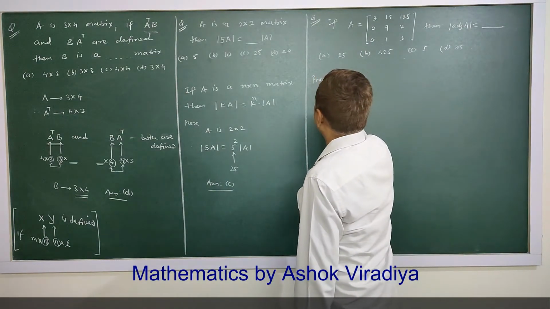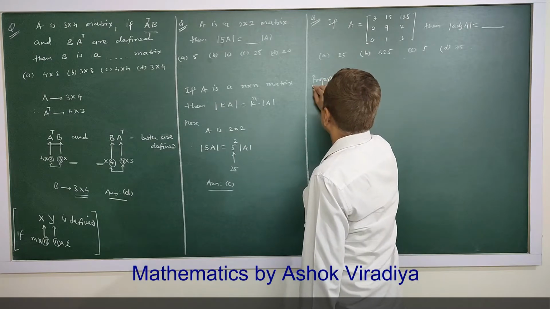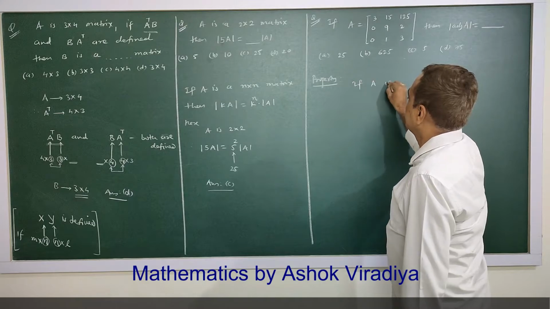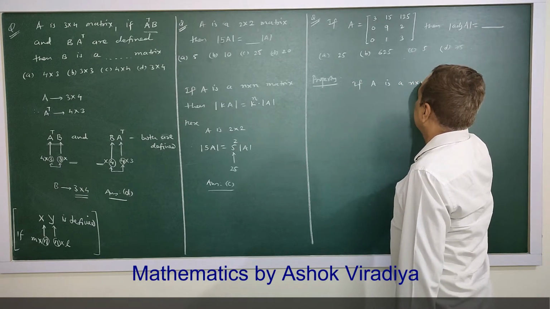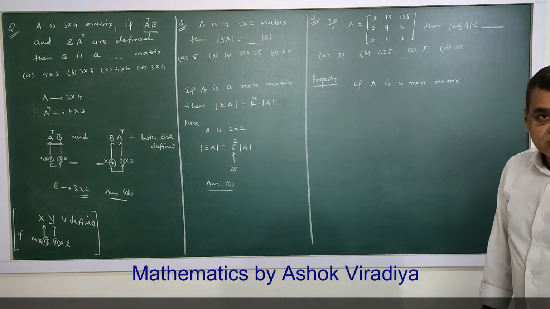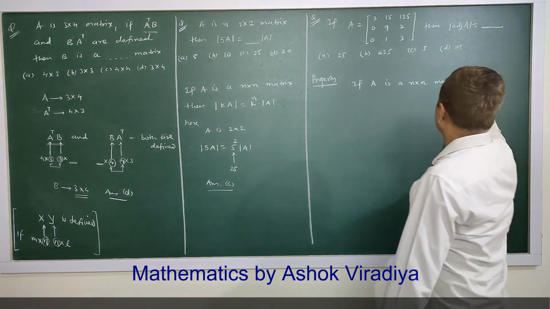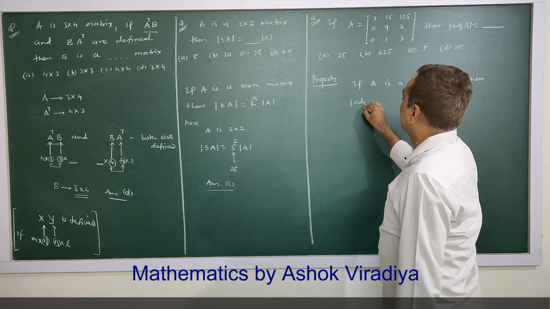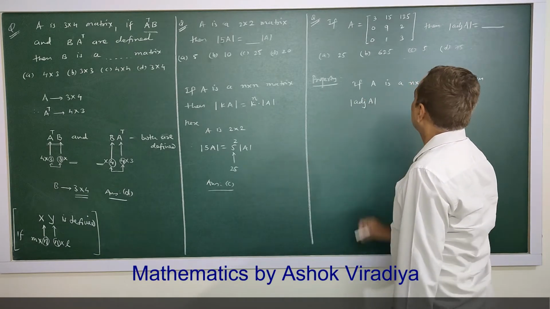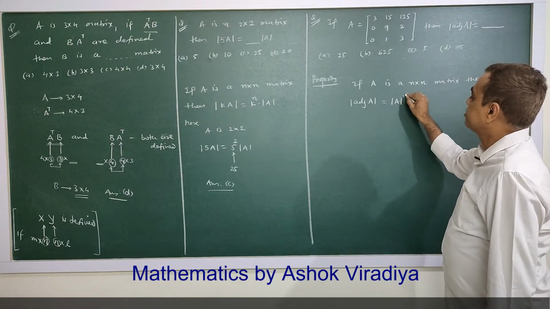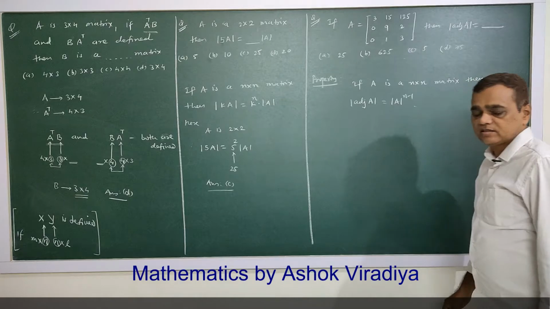Say there is a property: if A is an n by n matrix, a square matrix, any square matrix, then the determinant of the adjoint of A is equal to determinant A raised to n minus 1.